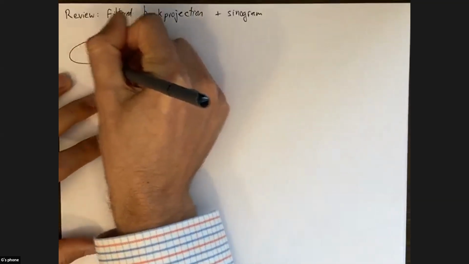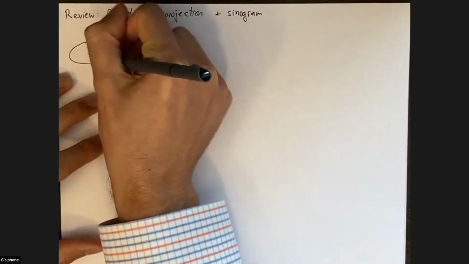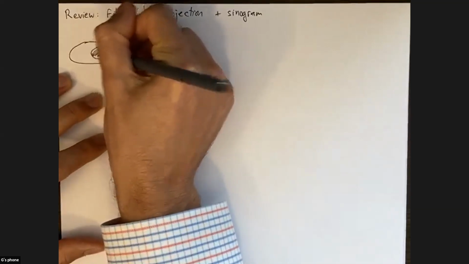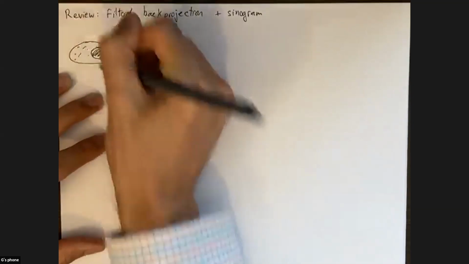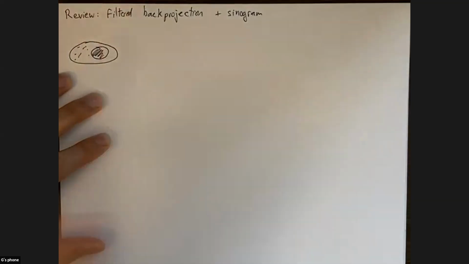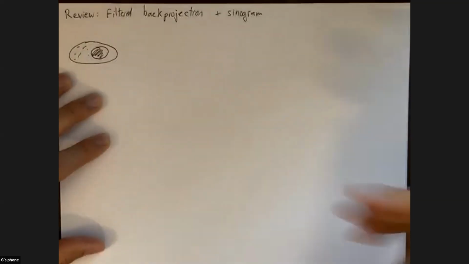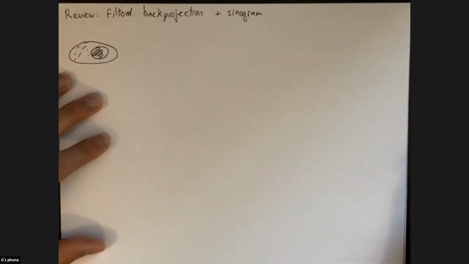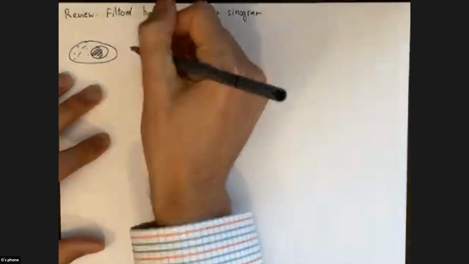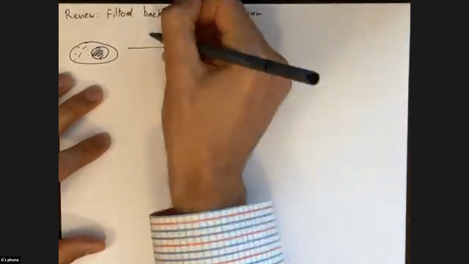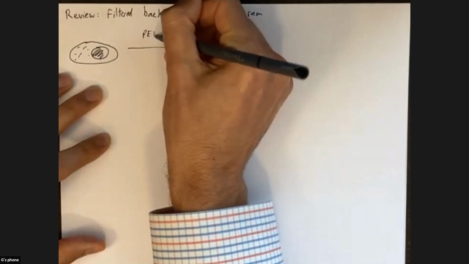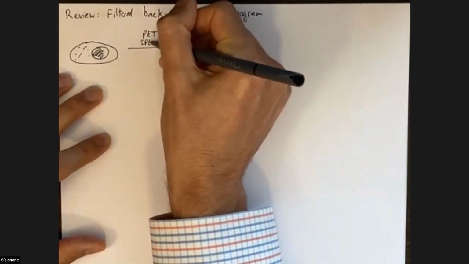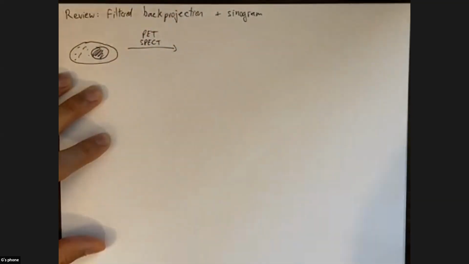If this is a cross section through the patient with radio tracer distributed in that space in 3D, we're looking at a 2D section here just to keep things understandable on the paper. We do a scan of the patient using either a PET scanner or a SPECT scanner. These are tomographic types of imaging.